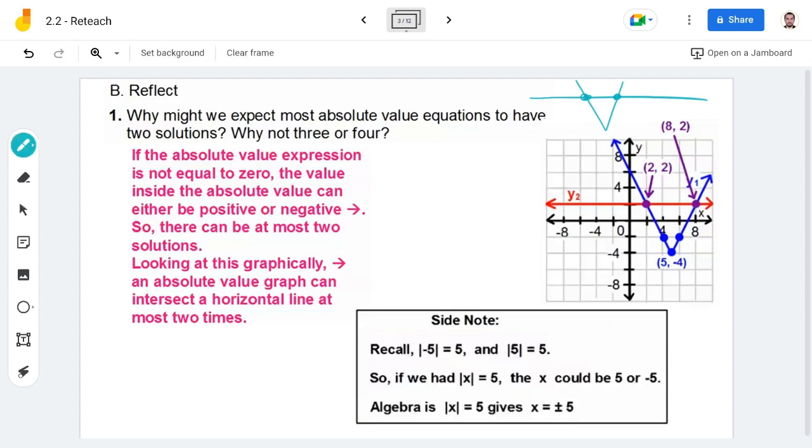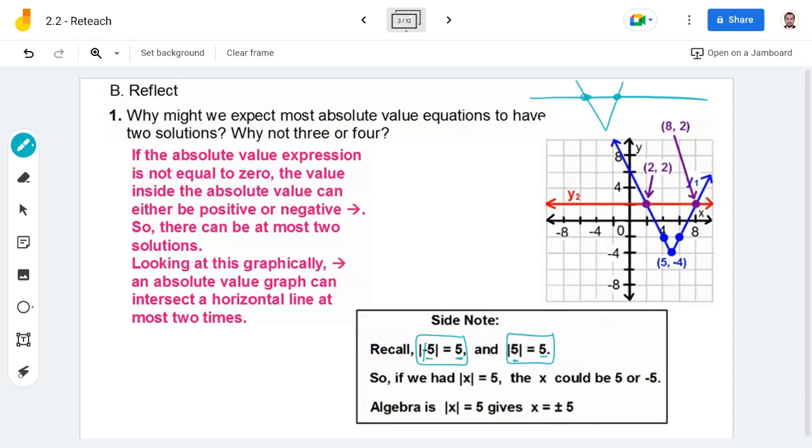Just to recall from the first lesson, when we talked about the absolute value, it always removes the negative sign. So the absolute value of negative 5 is equal to 5. Also, the absolute value of 5 is equal to what? 5. That means the negative and the positive give you the same answer.